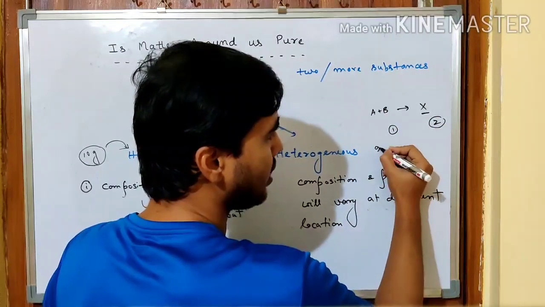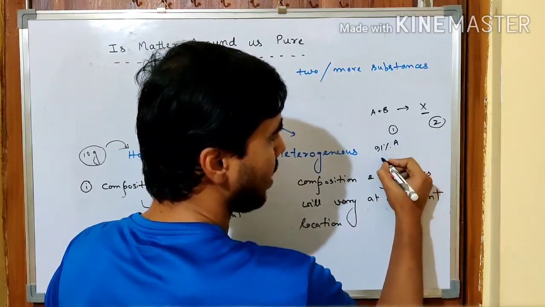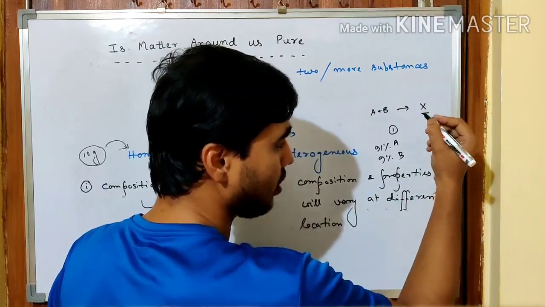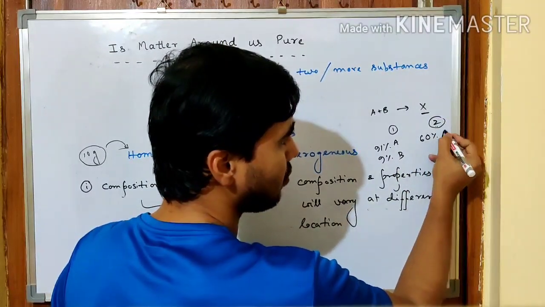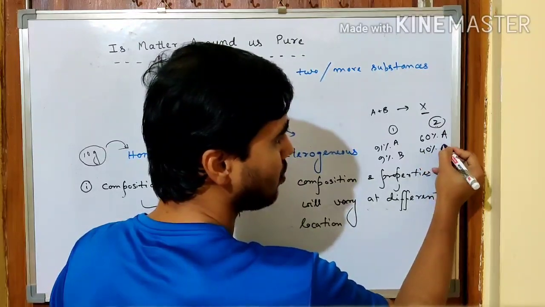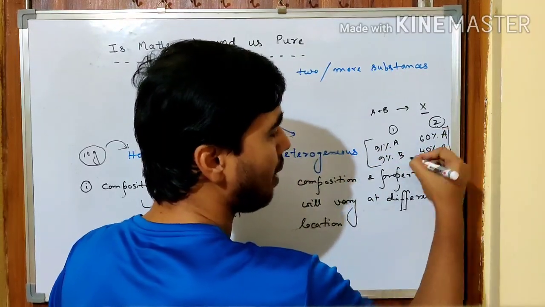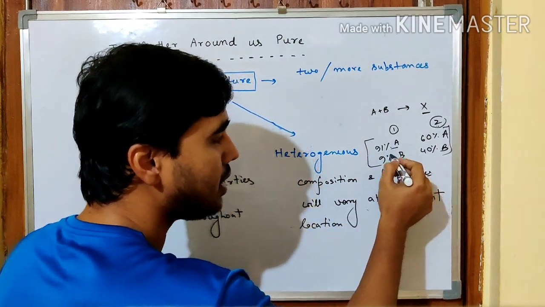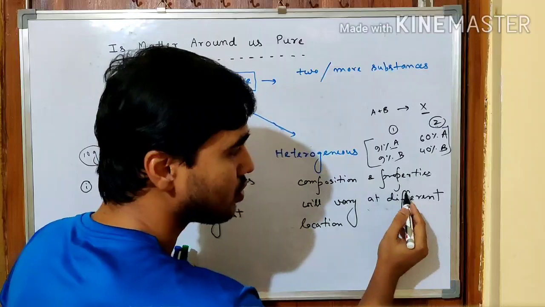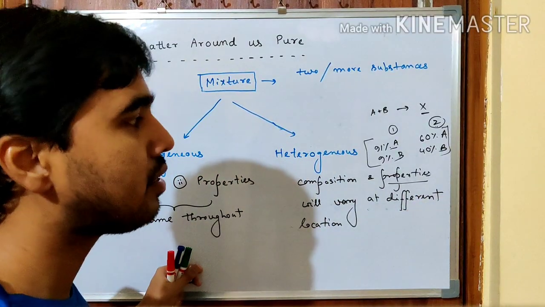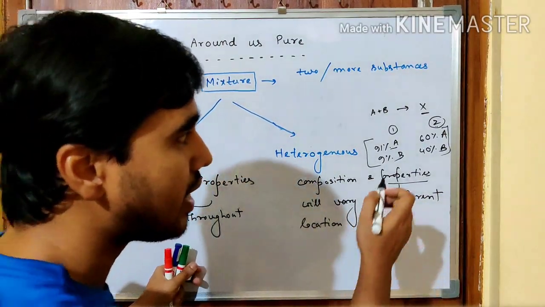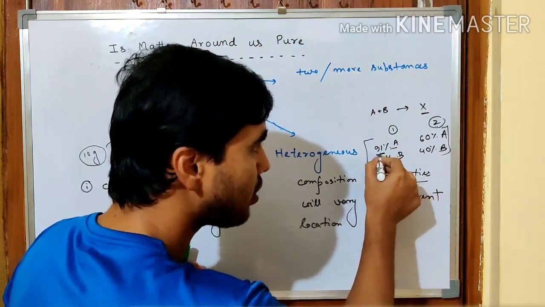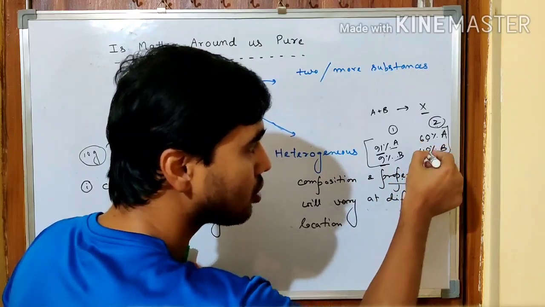Here you are getting 91% A and 9% B. In another location, say at second location, you might get 60% of A and 40% of B. So the compositions are not the same. And obviously if the percentage of A and B varies, the properties will also vary accordingly, because they will have their influence. So depending on the amount, the properties will also vary.